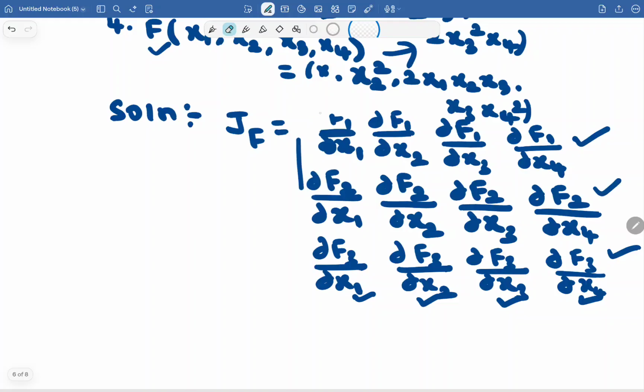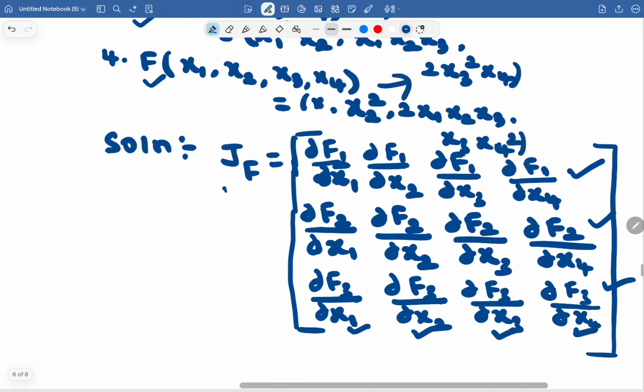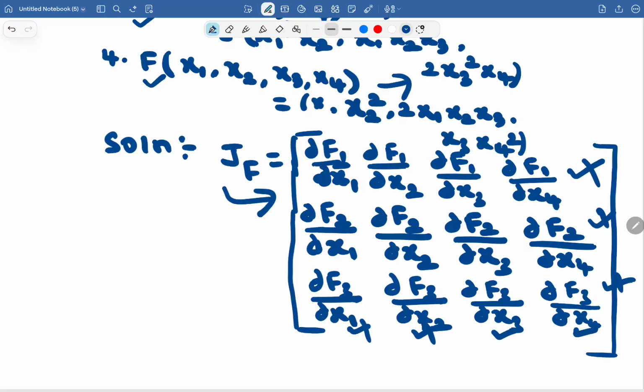This is the Jacobian matrix with 3 rows and 4 columns.